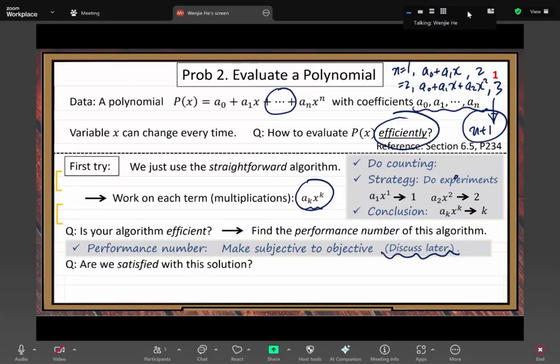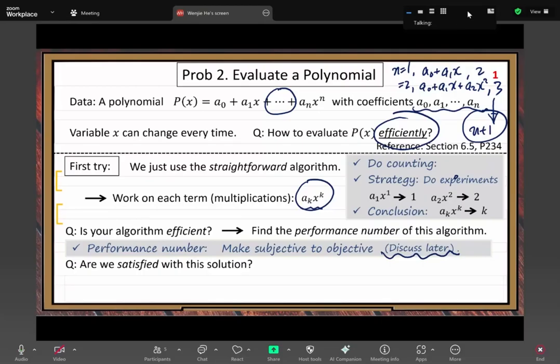Next, are we satisfied with the solution? Because that's the only solution we know. Now, if we know more solutions, then we can do comparisons and select the best one. But here we only know one.